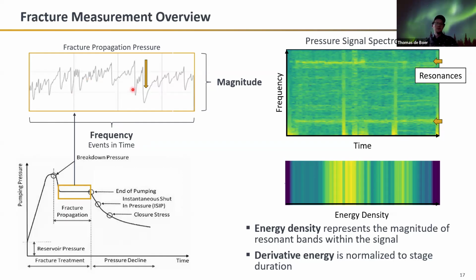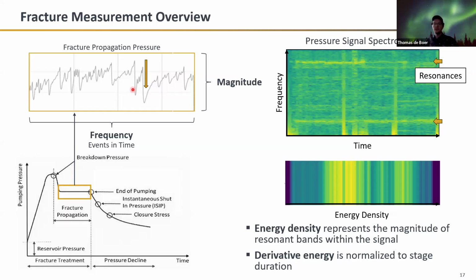And we can extract those, focusing solely on these resonant signatures, and we can essentially add up the amount of energy or the amount of pressure fluctuation that's occurring within those signals. This gives us a base metric, which we call the energy density, and this represents the magnitude or the amount of energy within those resonant bands as the signal progresses. So this is essentially at the same sampling frequency as your source signal.